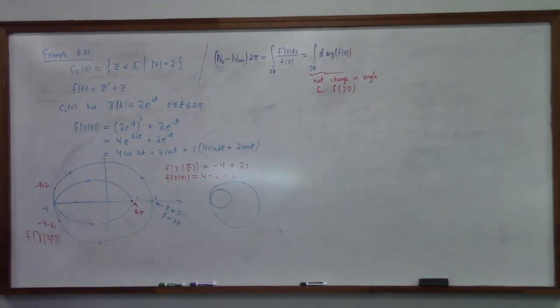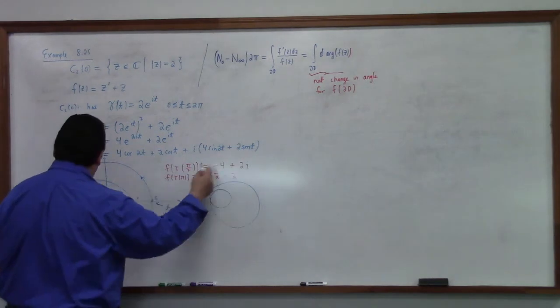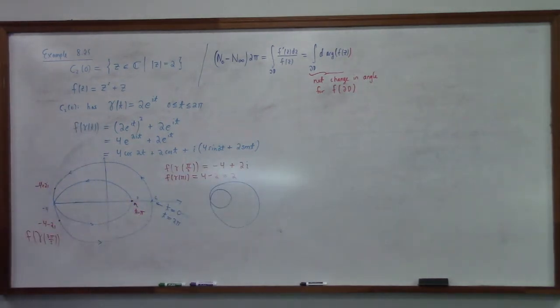Because f of gamma of 3 pi over 2 would be like cosine 3 pi for the 2t term, which gives us a minus 4. Then the 2 cosine t term is 0. And the sine of 2t term is 0 because it's a sine of 3 pi. But the sine of 3 pi over 2 is minus 1, so we get a minus 2i from that over here like that. So anyway, that's how it happens.